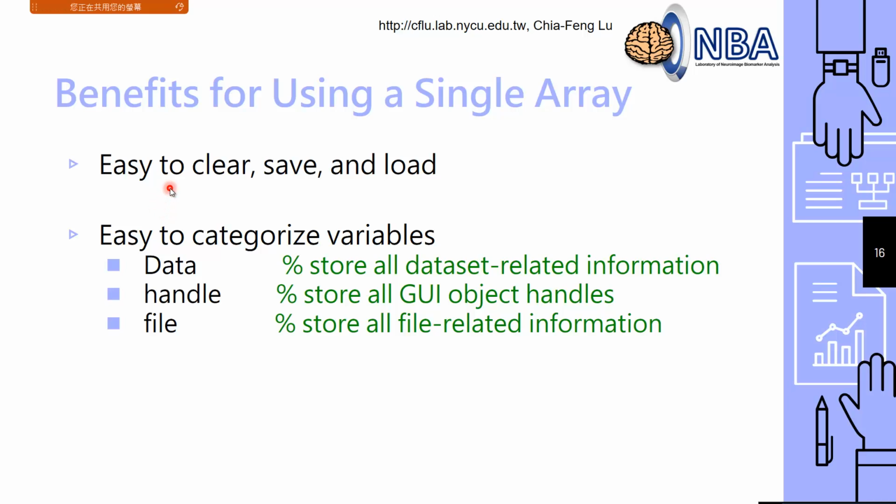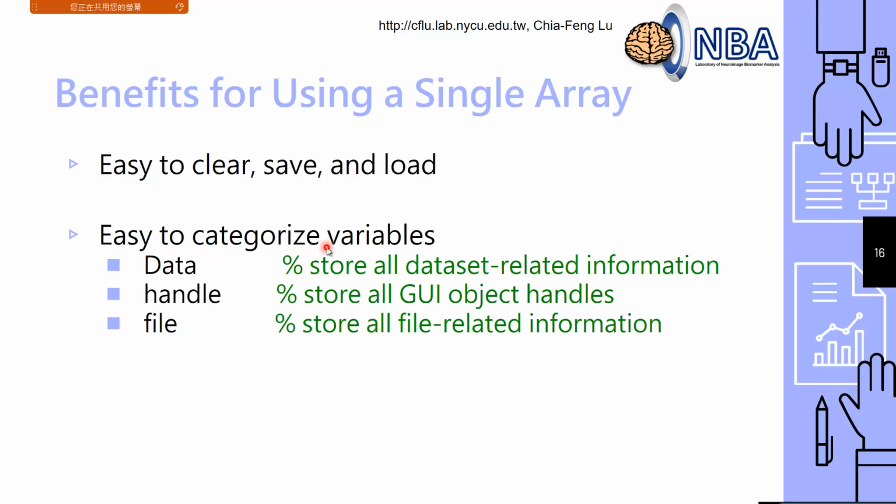For example, I have 30 normal subjects, but I can simply use one array to contain everything I need, right? So it's very easy to clear, to save, or to load these kinds of things. I don't need to load, for example, 500 different variables. I simply need one variable to contain everything I need.